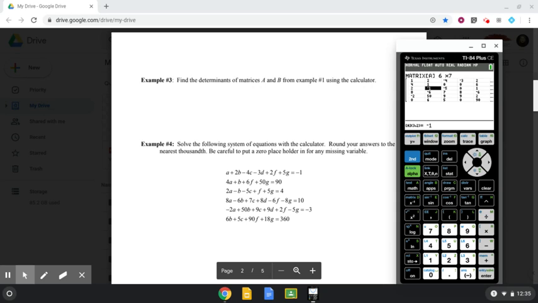2, -1, -5, 0, 1, 5, 4. Next row down. 8, -6, 7, 8, -6, -8, 10. -2, 50, 9, 9, 2, -5, -3.